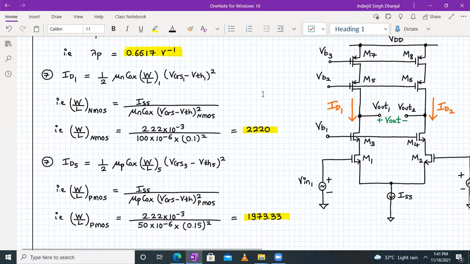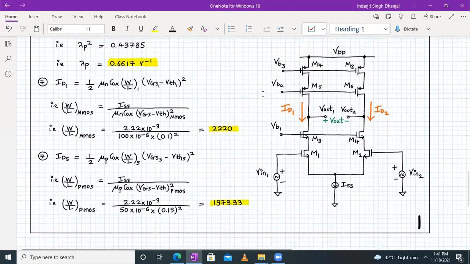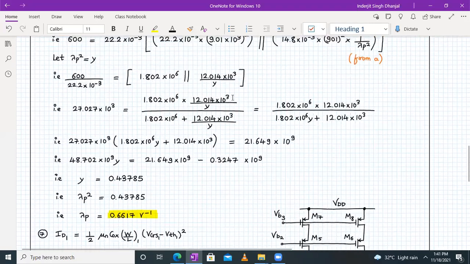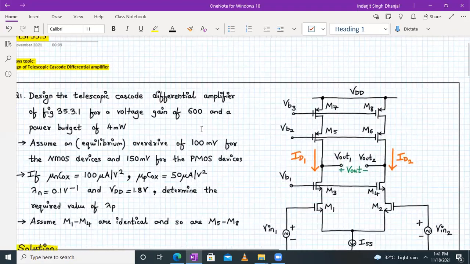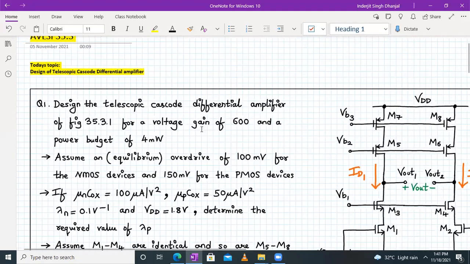So this completes the design of the telescopic cascode differential amplifier. I hope it is clear and hope that you all will do it on your own. So that's it for this session.